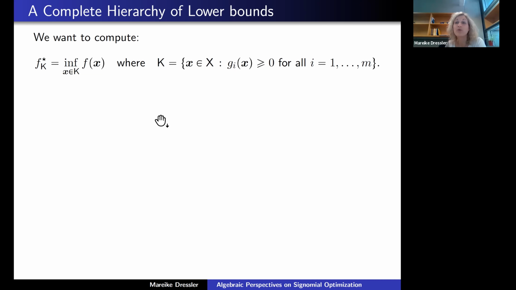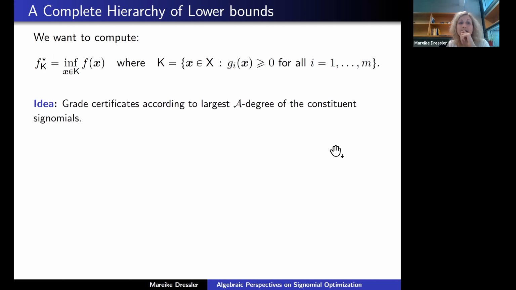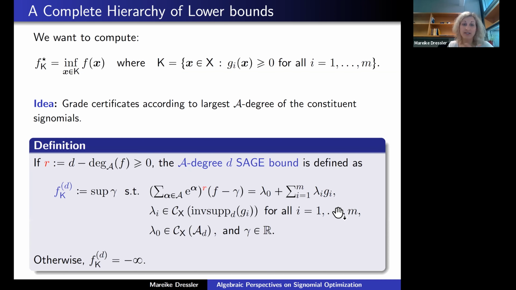So here, what we wanted to do is we have a minimization problem of a signomial subject to some signomial inequalities, and we want to find this optimal value. And now we can, using our Positivstellensatz, find a hierarchy that is graded by this largest A-degree of the constituent signomials. And this hierarchy looks like so.